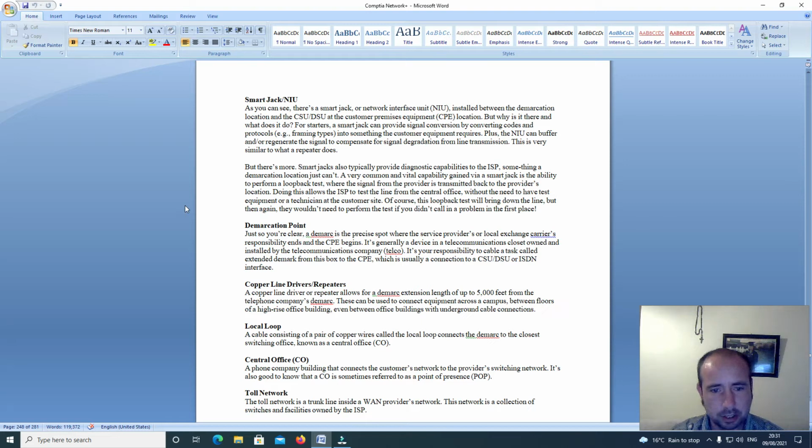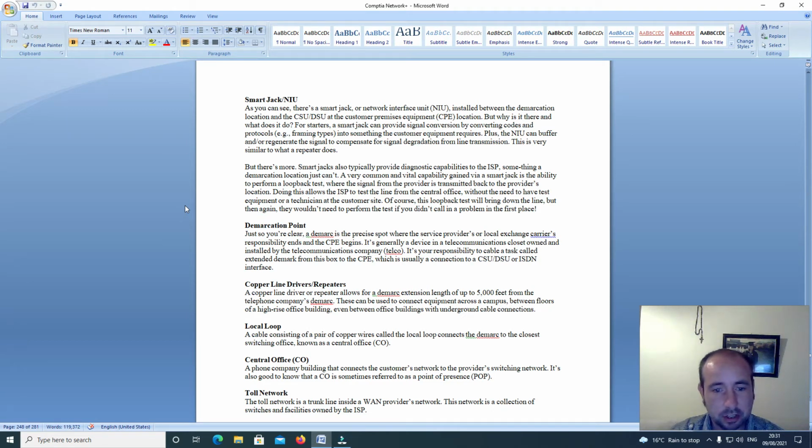Smart jacks also typically provide diagnostic capabilities to the ISP, something a demarcation location just can't. A very common and vital capability gained via a smart jack is the ability to perform a loopback test, where the signal from the provider is transmitted back to the provider's location.